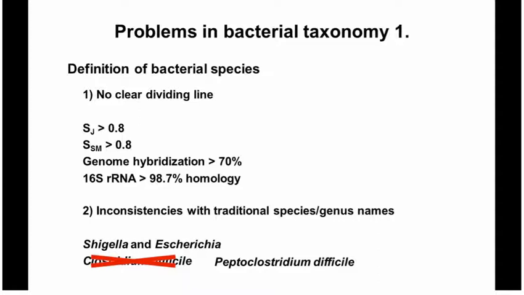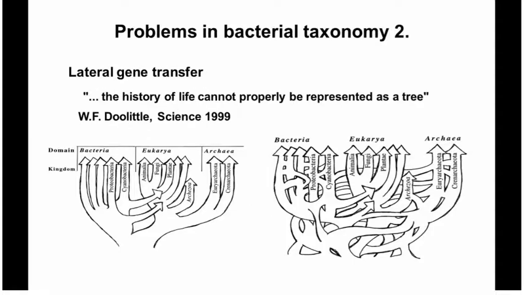And then some clinical biologists said, no way, come on, everybody calls it C. difficile. So they had to change the name again. And it's now called Clostridioides difficile, just to create a new genus for this bacterium and closely related species. So C. difficile is not Clostridium difficile anymore. Okay, so those are some slight problems in bacterial taxonomy.